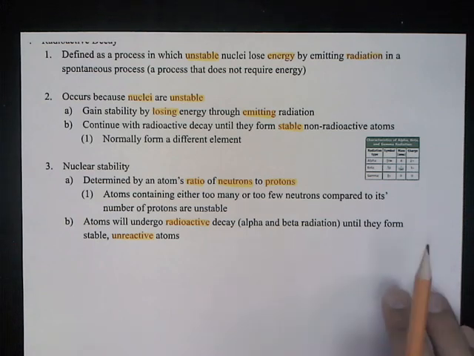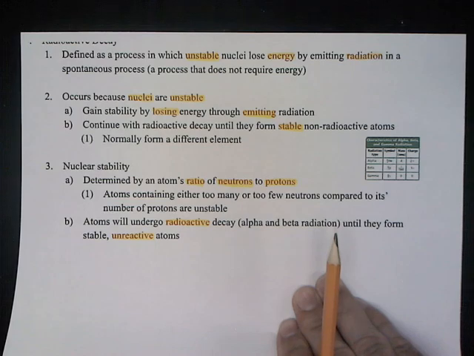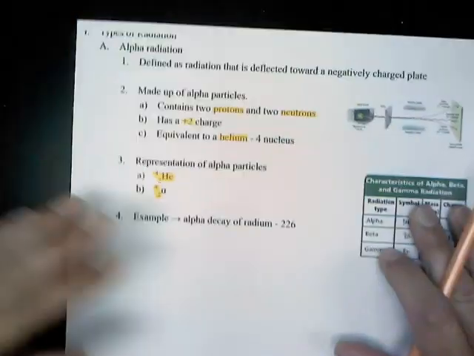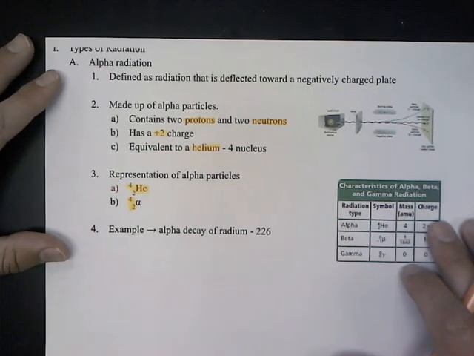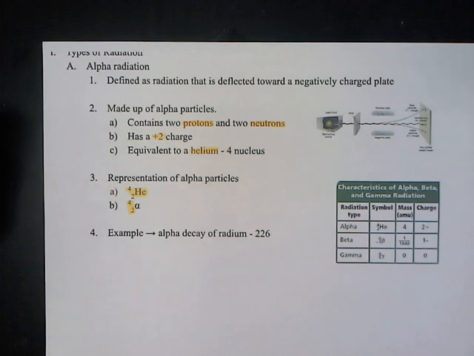All right, so let's jump right into the specific radiation that we are dealing with in this class. We start out with alpha radiation. Alpha radiation is radiation that is deflected toward a negatively charged plate. What that really means is alpha radiation is positively charged.